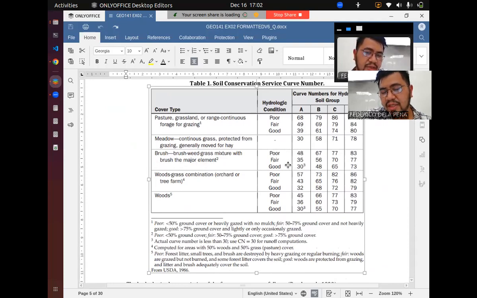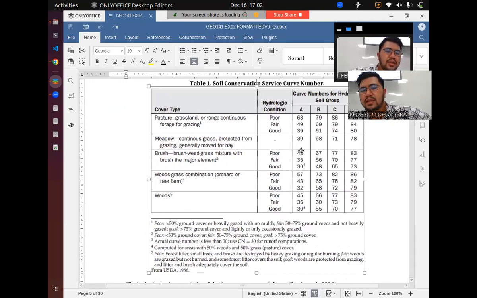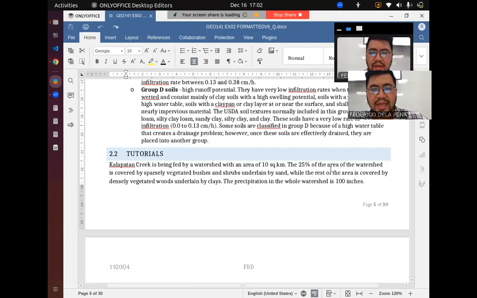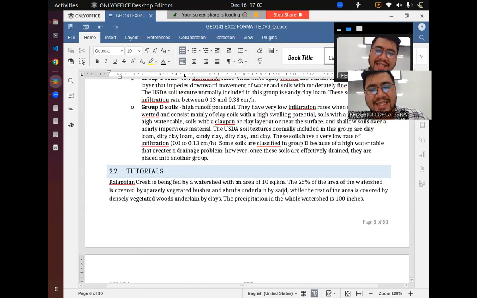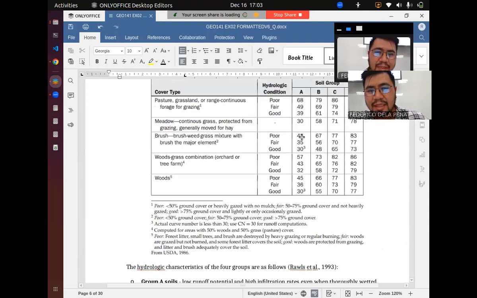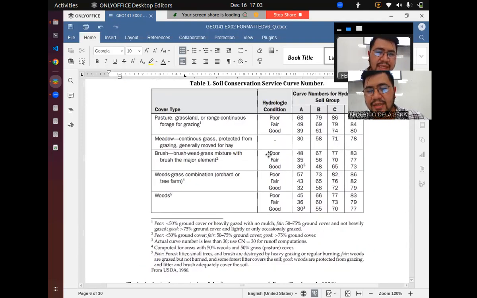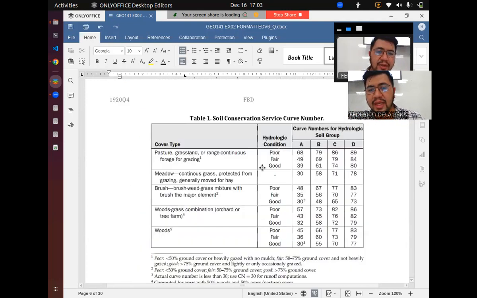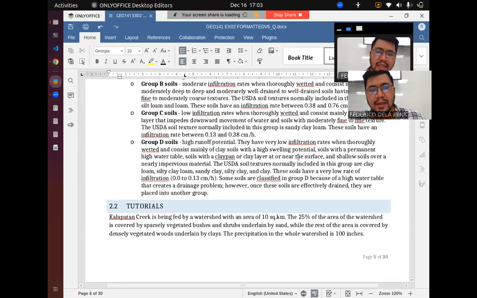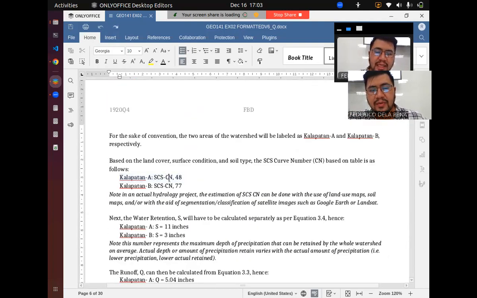The hydrologic condition was not given, so you can estimate the value somewhere between 30 and 48, just to be safe. That's 30 plus 48 divided by 2, which gives you around 39. Or, just for this exercise, you can assume any hydrologic condition. I'm going to be lenient on the hydrologic condition that you use. In this case, we'll be using 48.